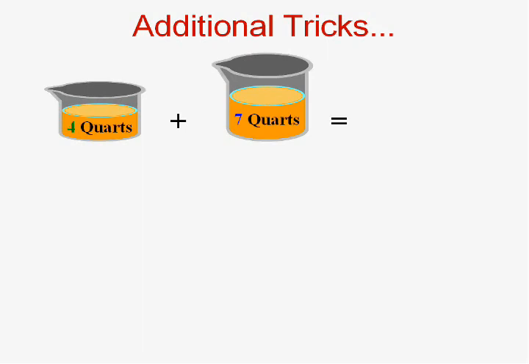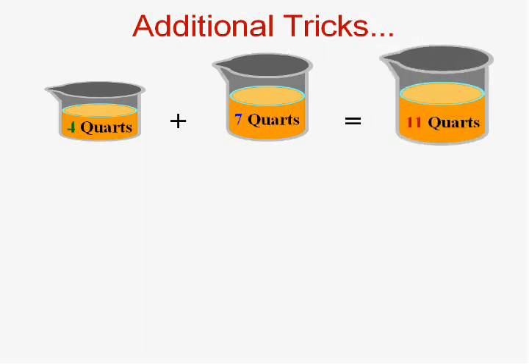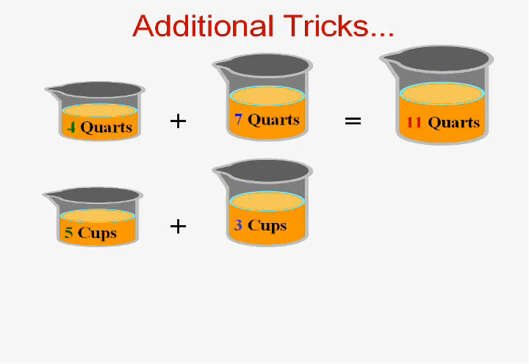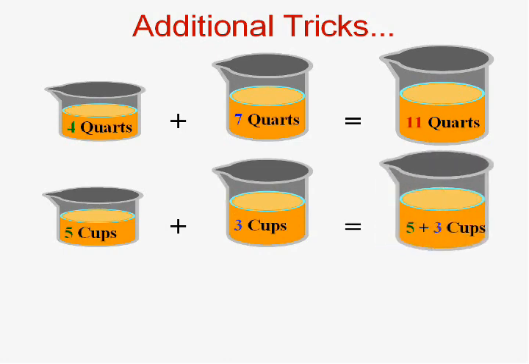The other trick is, if we take 4 quarts of something and add it to 7 quarts of something, what will we get? Of course, you'll get 11 quarts. If we take 5 cups of something and add it to 3 cups of something, you'll get 5 plus 3 cups, which is 8 cups. Nothing new here.